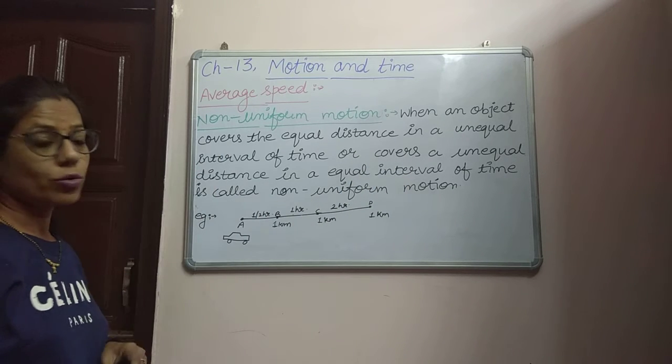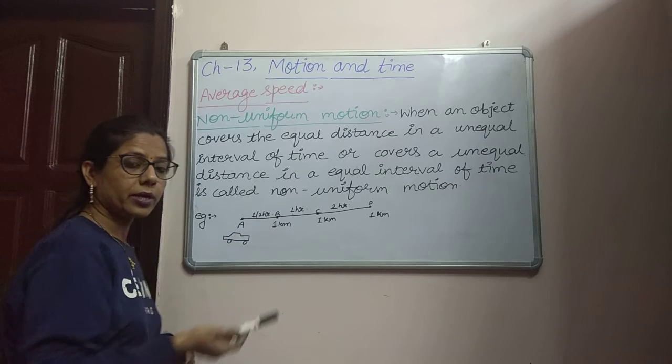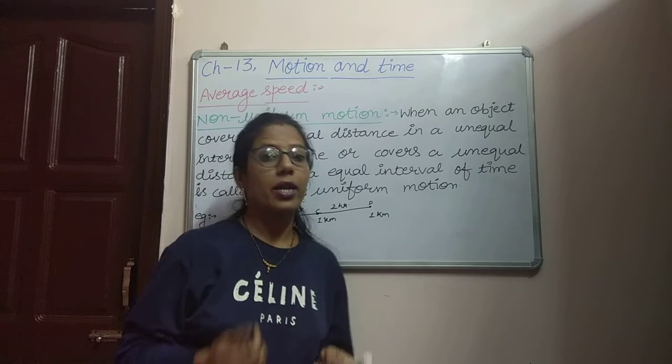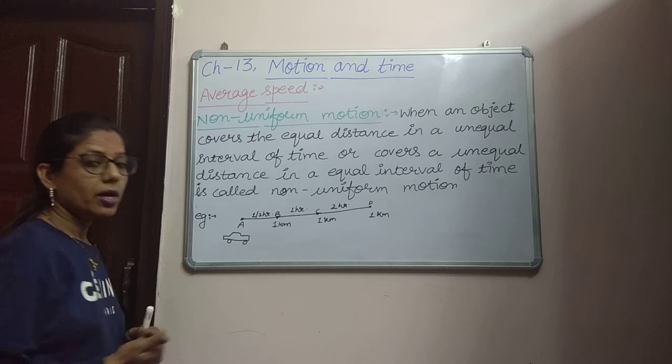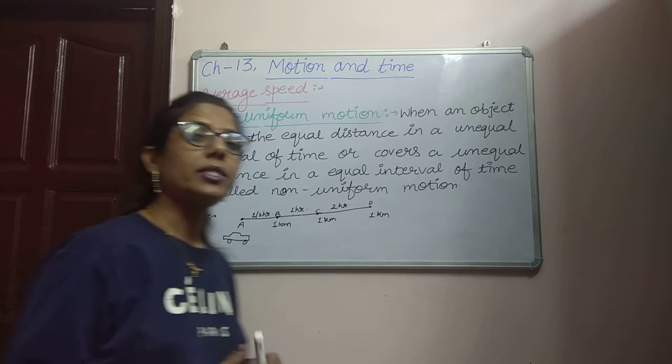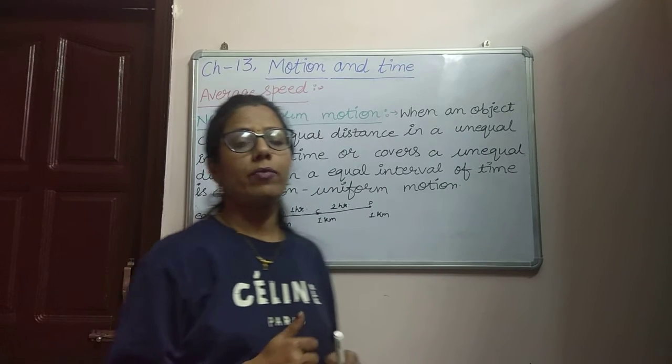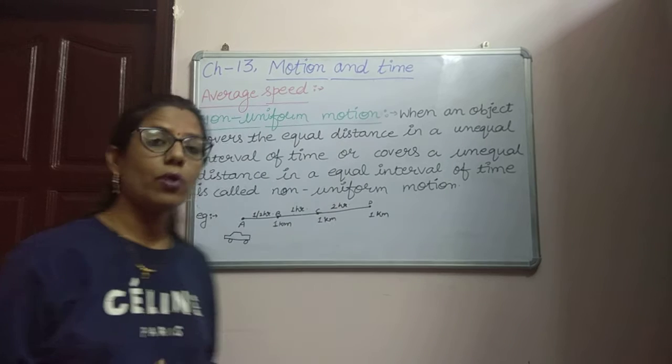You can see there are two conditions. First, an object may cover equal distance in an unequal interval of time, or another condition, an object may cover unequal distance in an equal interval of time. This type of motion is called non-uniform motion.